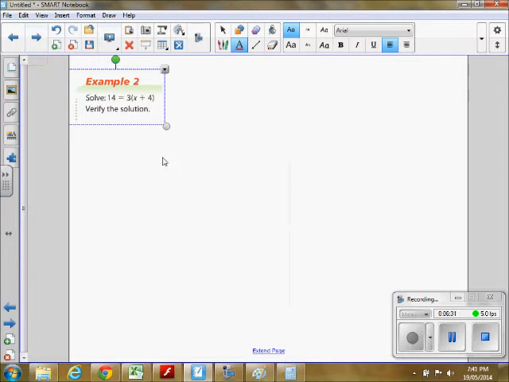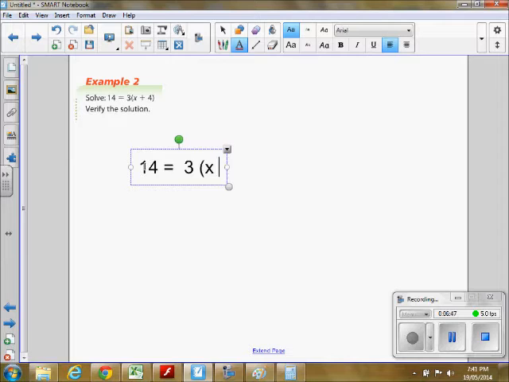Example 2, we talk about 14 is equal to 3 times x plus 4. So as we write that down here, 14 is equal to 3 times x plus 4.